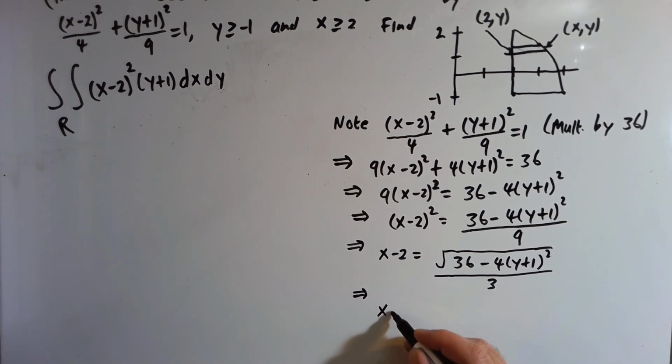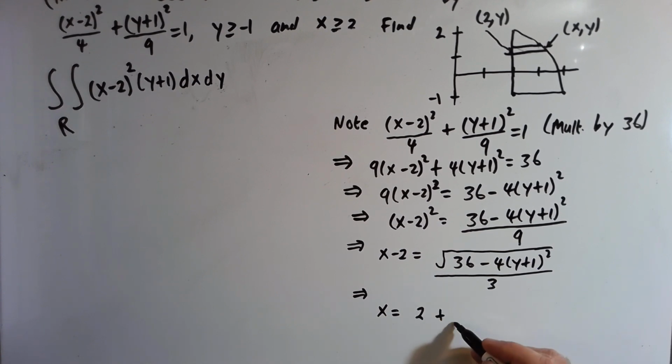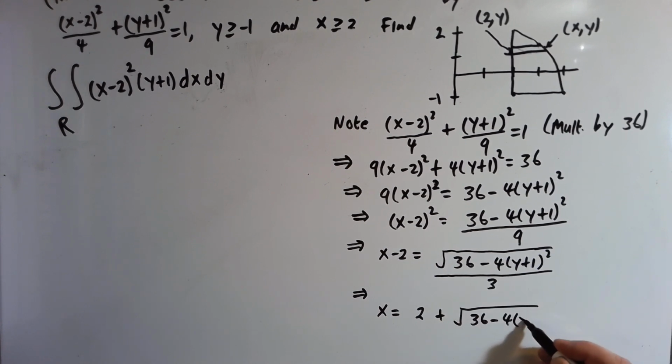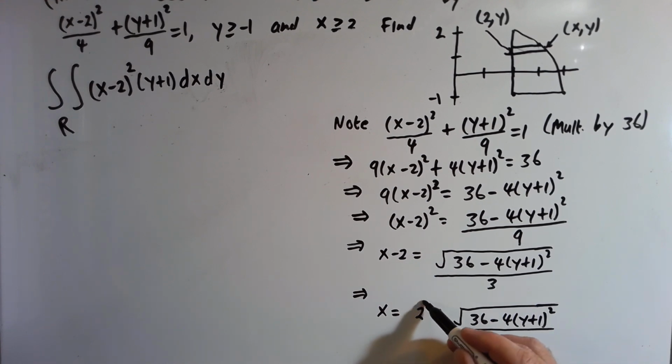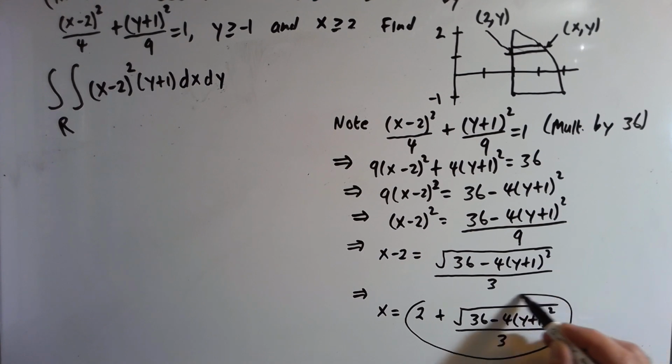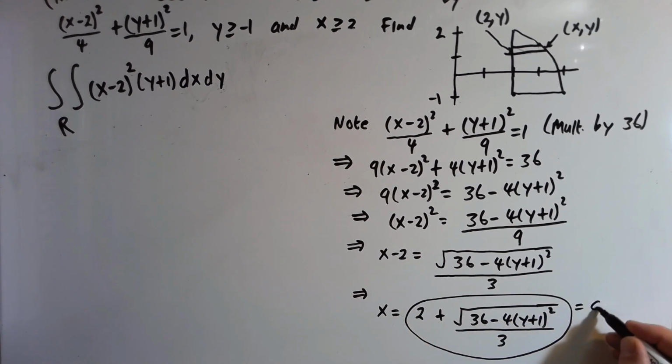So x equals 2 plus the square root of 36 minus 4(y plus 1) squared, divided by 3. I'm going to call this g of y.